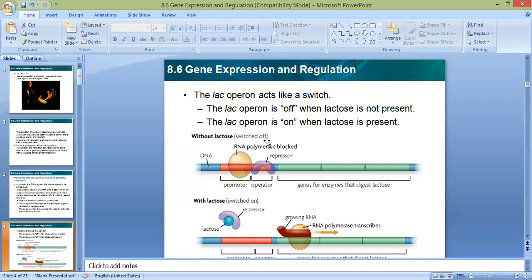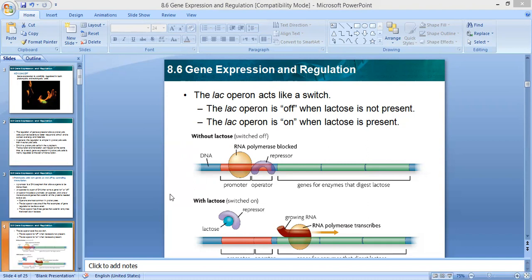Now if there is no lactose in the environment of the bacteria, do you think we need transcription of lactase? If there is no lactose sugar in the environment, do the bacteria need to make lactase enzyme to break down any lactose?